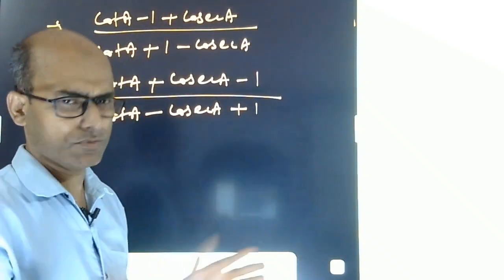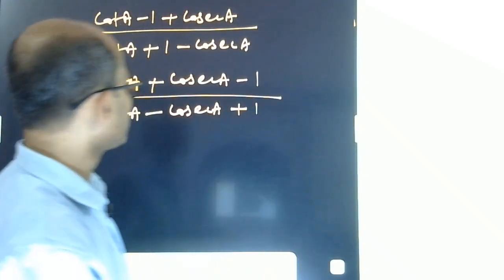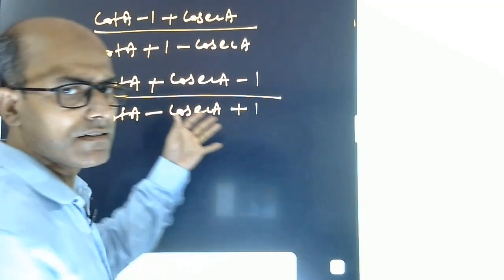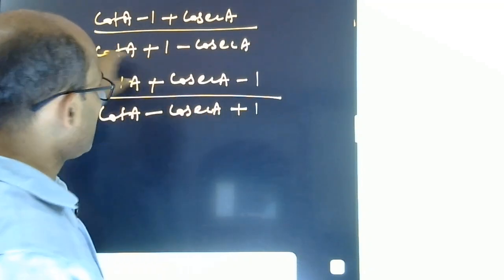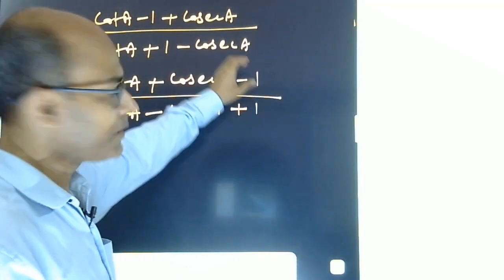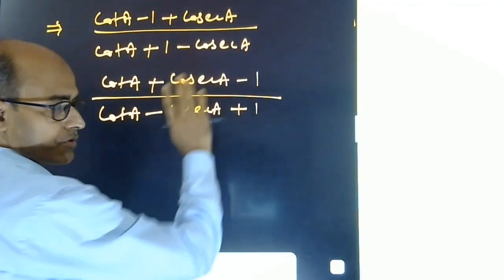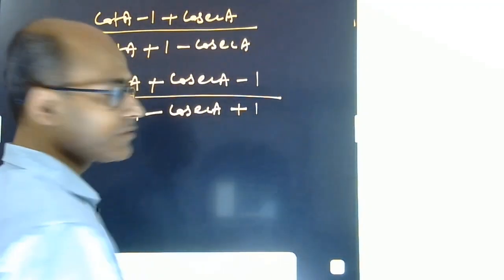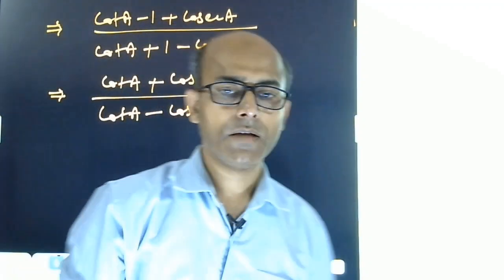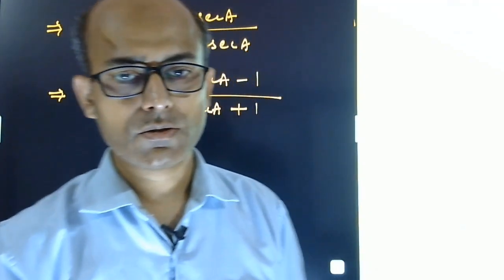Okay, you have to simply write. Exactly, I have done nothing in it. I have only rearranged. I have actually written 1 in the numerator as cosec square a minus cot square a, so that I could use the formula cosec square a minus cot square a is equal to 1.